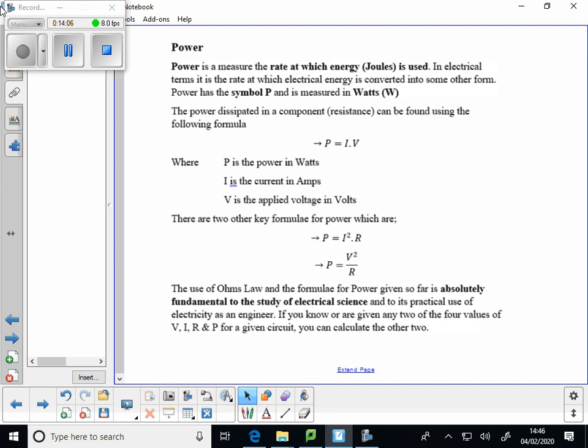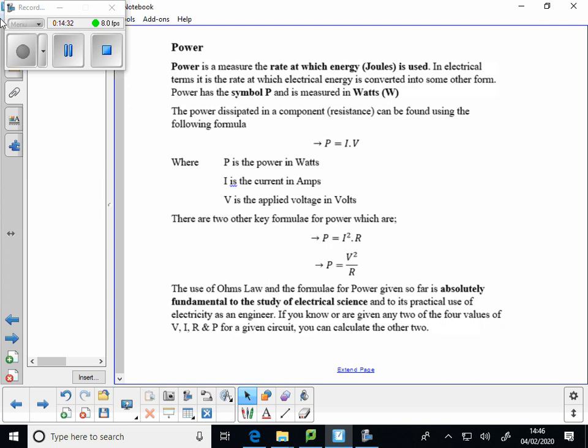So we've got power is the current times the voltage. If you have Ohm's law and that formula, you can do every kind of 4 variable thing. If you know 2, you can find the other 2, except it's much better to know the other 2 and use the appropriate one with the information you've been given.